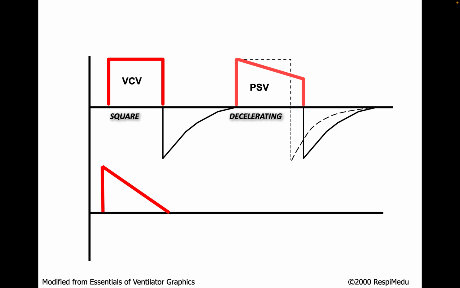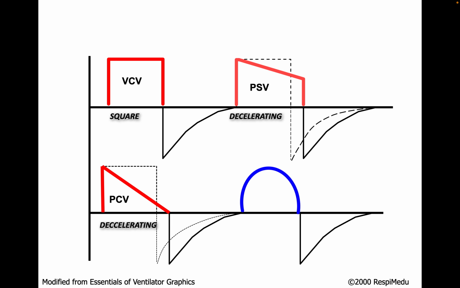At the same time, if you see a decelerating pattern like this, where the line touches the baseline without cut off of the flow in between, it is classical pressure control ventilation. And if you see something like a sine wave, as you can see here, it is spontaneous breathing.